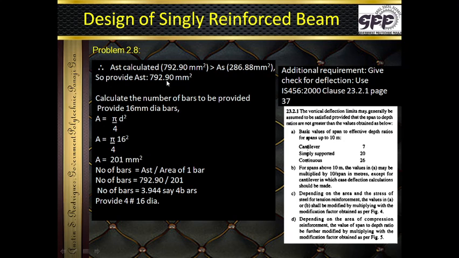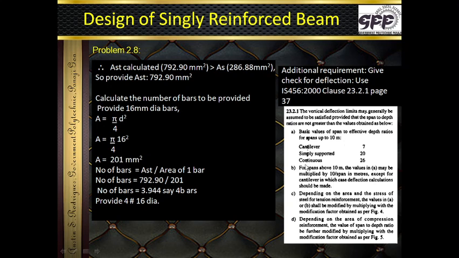Total area required is 792.90. One bar is 201. So total area divided by area of one bar, 792.90 divided by 201, gives me 3.944, say 4 bars. That means provide 4 bars of 16 mm diameter for that particular beam.